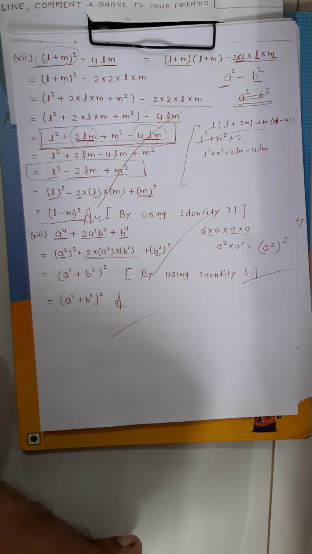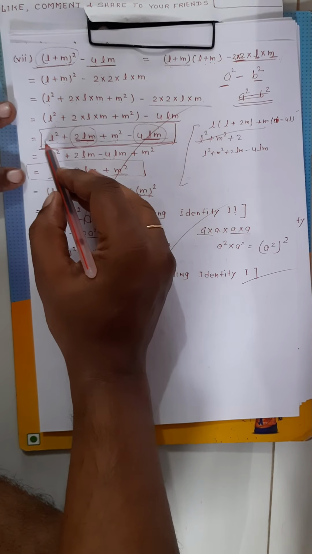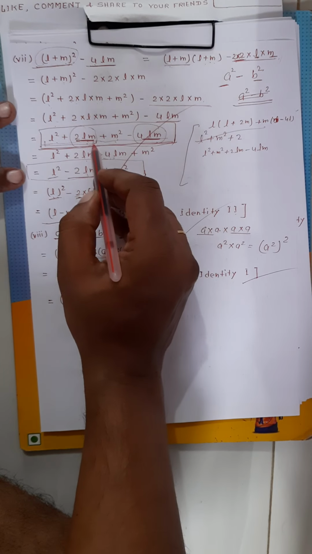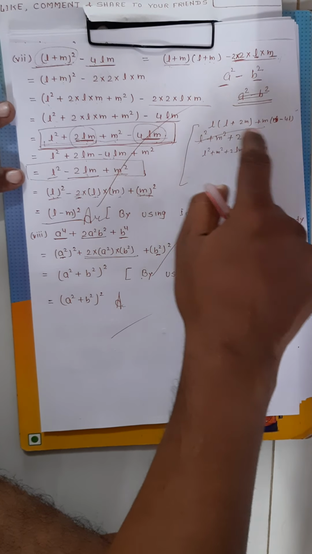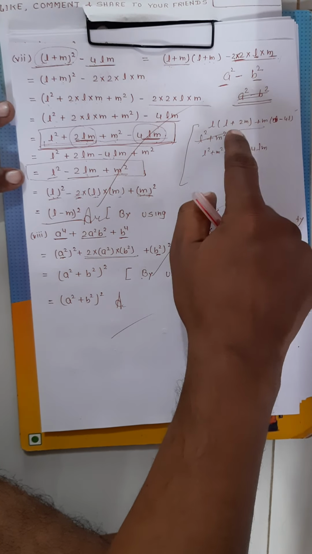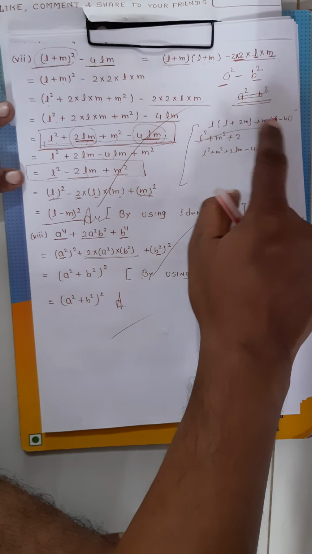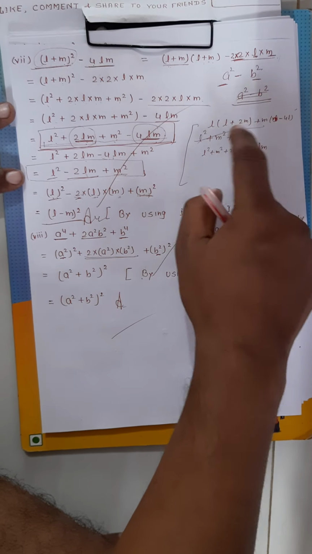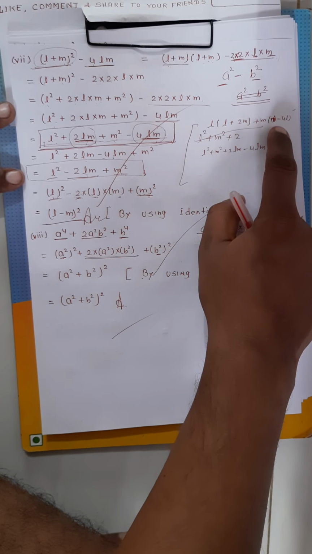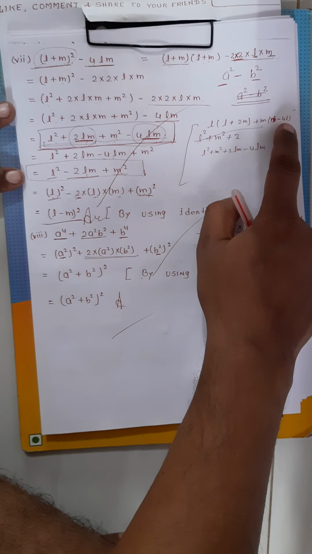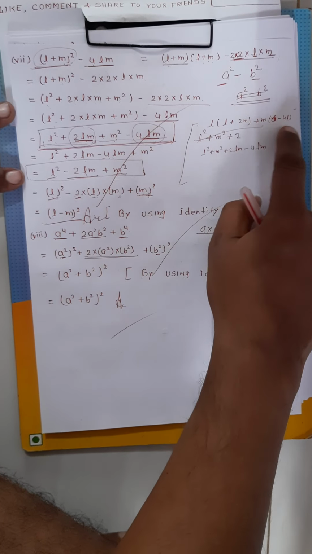You check that you cannot make this expression by the regrouping method, because if you take these 2 terms as a first group and these 2 terms as a second group, the question will not be solved, because here also we cannot find the same factor. Here we will find L plus 2m, and here we will find m minus 4L. So these two are not the same.